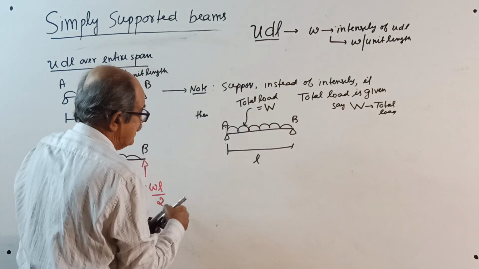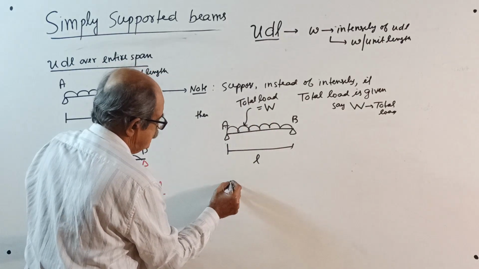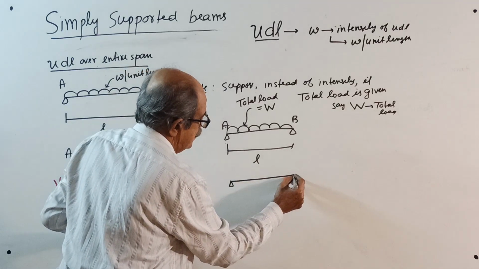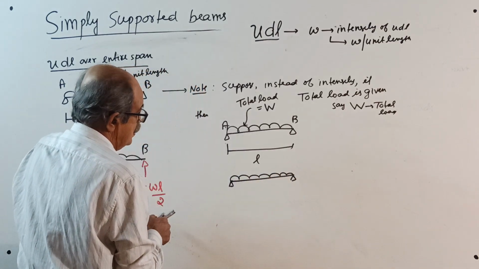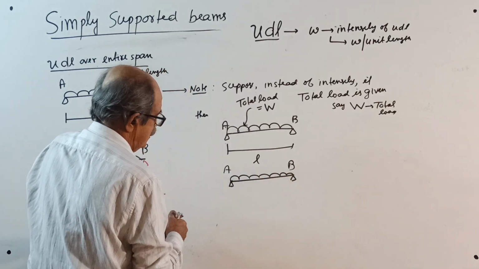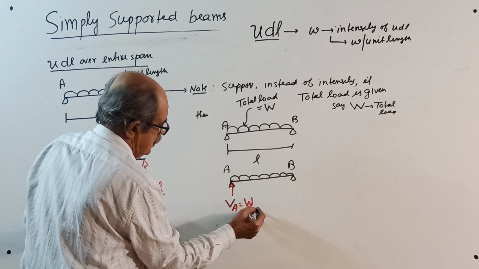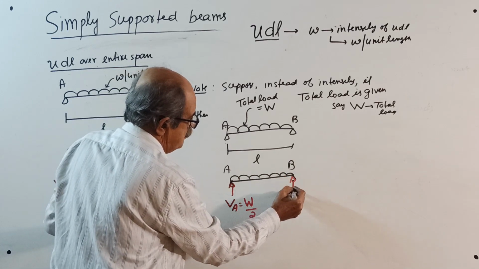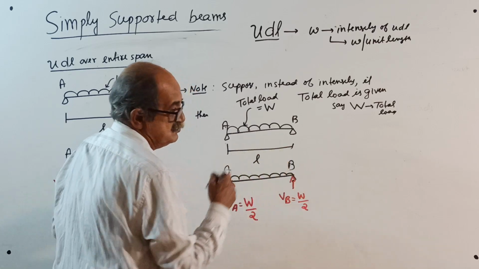Okay, now answer. VA equals W by 2. VB also W by 2.